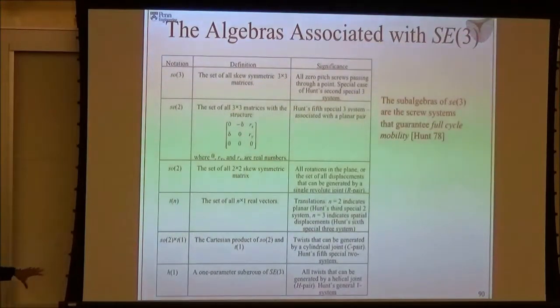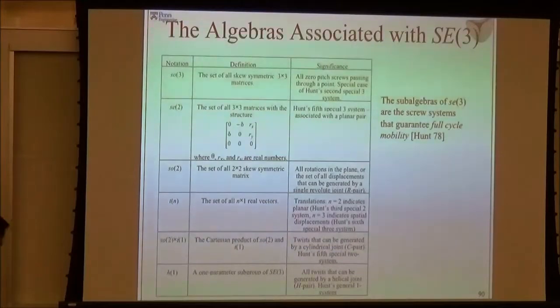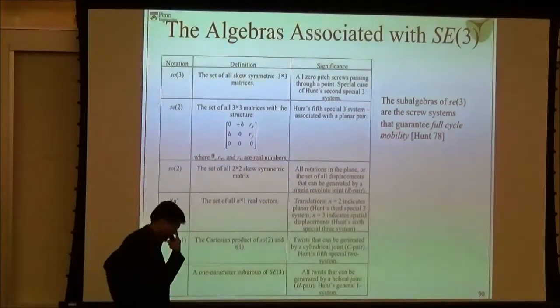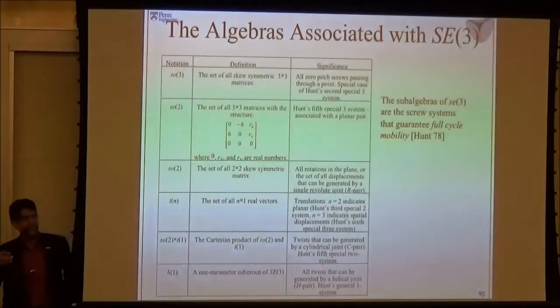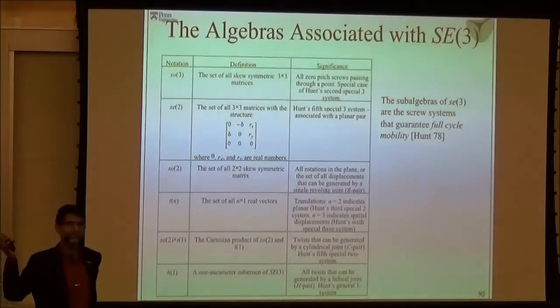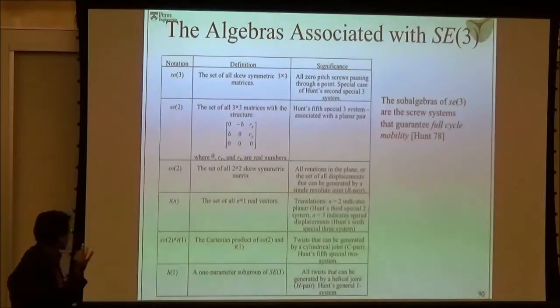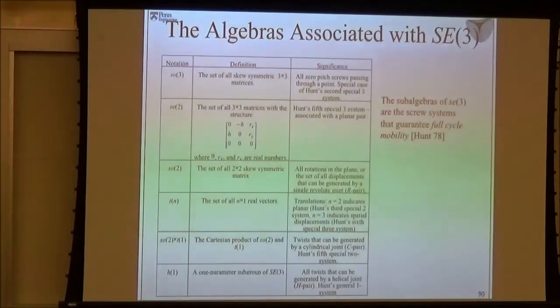And this is really the last thing I wanted to talk about. If you look at Hunt's book, there's a classification of all possible screw systems that anyone could be possibly interested in. And a subset of the screw systems are listed here.